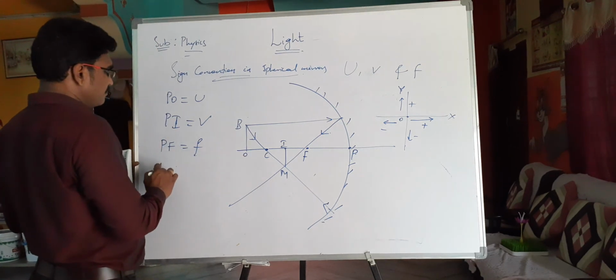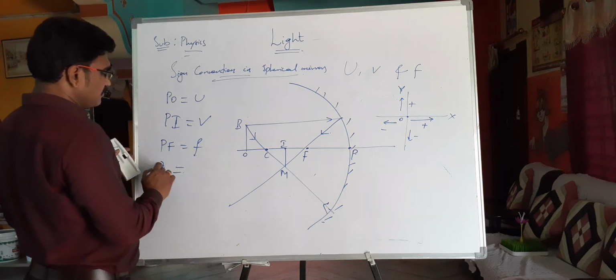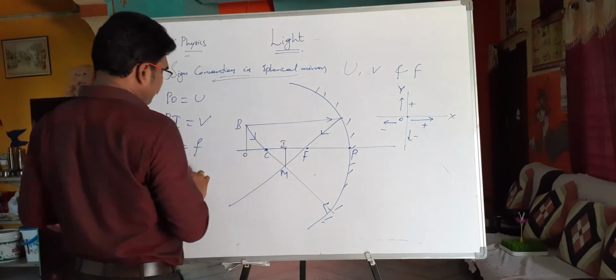Of course, PC, P to C, is the radius of curvature, we know.